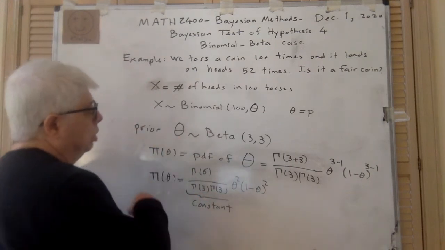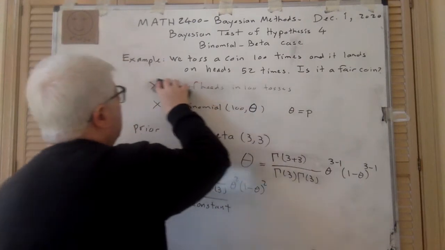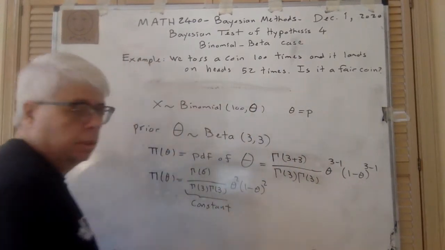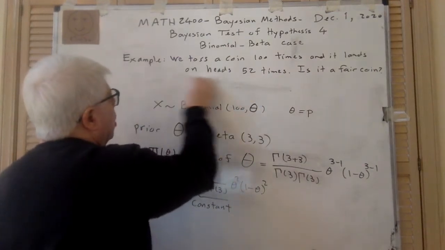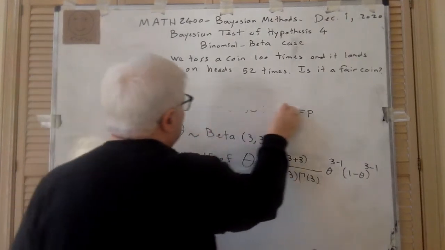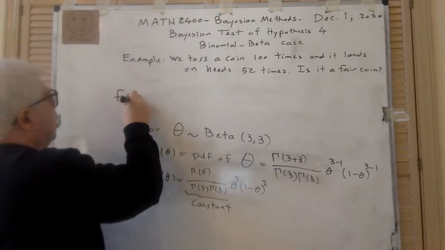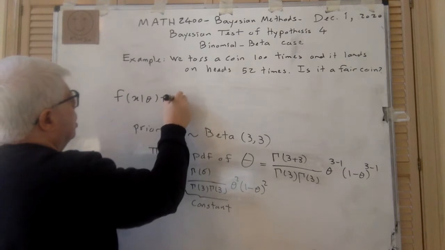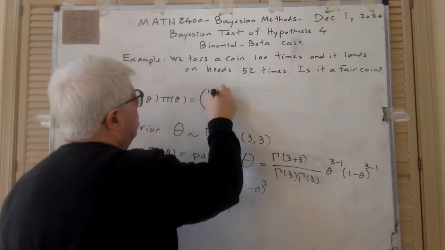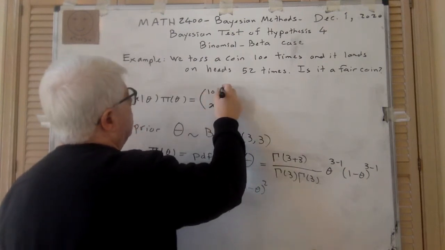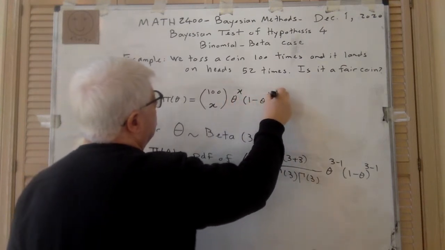Okay. So I have 52 in 100. So let's erase this. f of x given theta times pi theta, that one is 100 choose x, times theta to power x, 1 minus theta, 100 minus x.